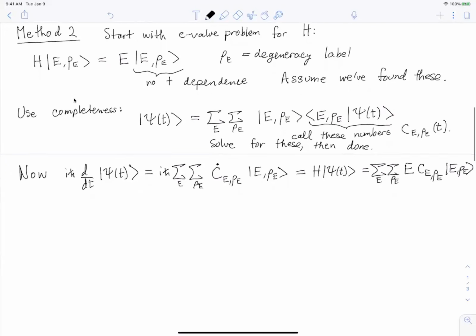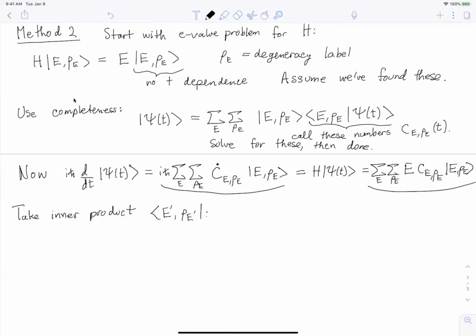So now what we can do is take the inner product of this equation with an energy eigenstate bra. I'm going to call this E prime, rho sub E prime. Okay, so it's a different energy than we're summing over in the previous expression. And so what we're going to do is take this part and this part, they're equal to each other, and take the inner product with the E prime state, and see what happens.